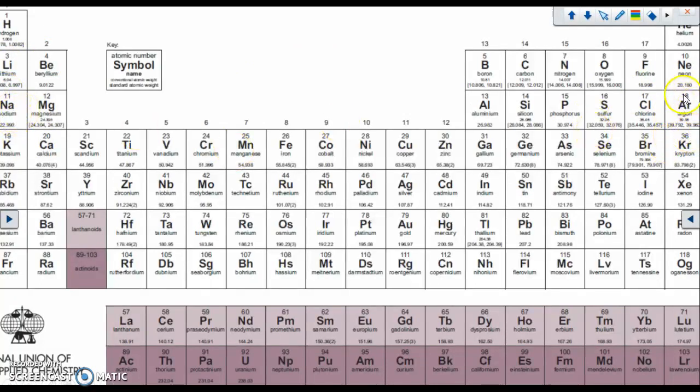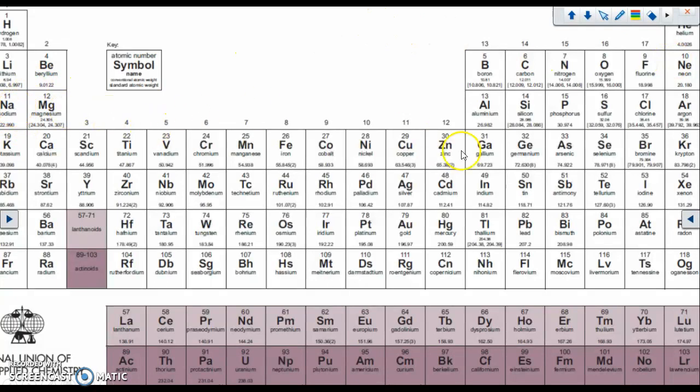The argon atom also has 18 protons. So the protons in this case exert a bigger attractive force towards the electrons, and that is why the atomic cloud, the atomic radius, is compressed in argon as compared to sodium.